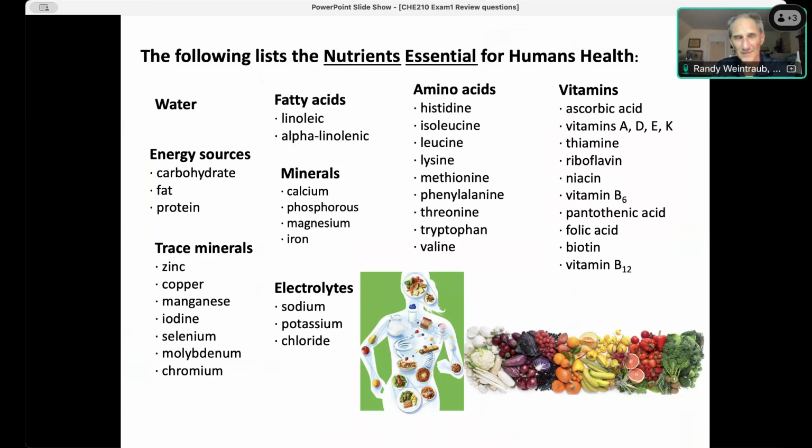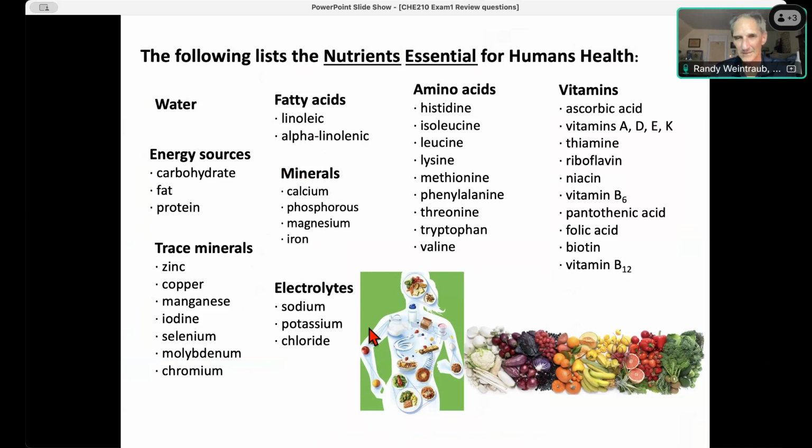They have their unsaturation points that are important for a variety of other building and healthy cell membranes and heart protection, sort of thing. So those are the essential fatty acids, the so-called alpha and beta fatty acids. Okay.